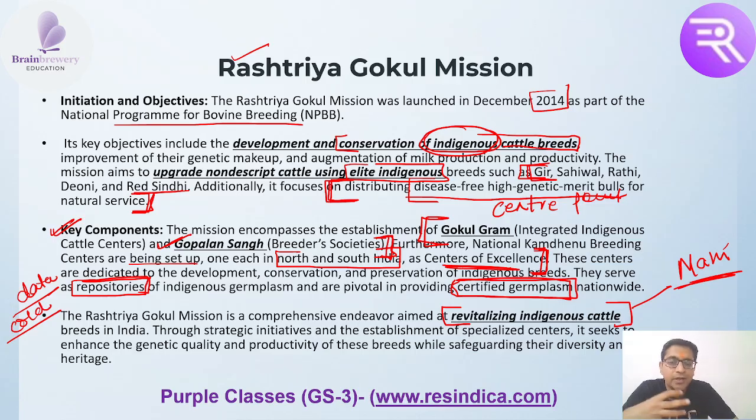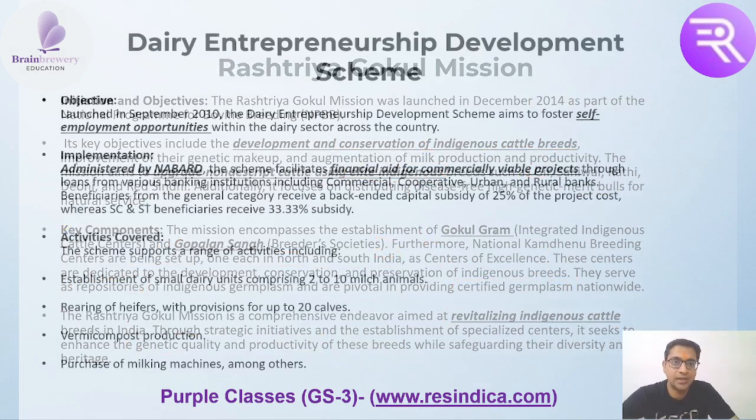So that is why we want to revitalize our own indigenous cattle system and make them disease resistant. We can make them more resistant by crossing our elite indigenous with the less elite indigenous. This will enhance the genetic quality and productivity of our own breed of cattle, right?